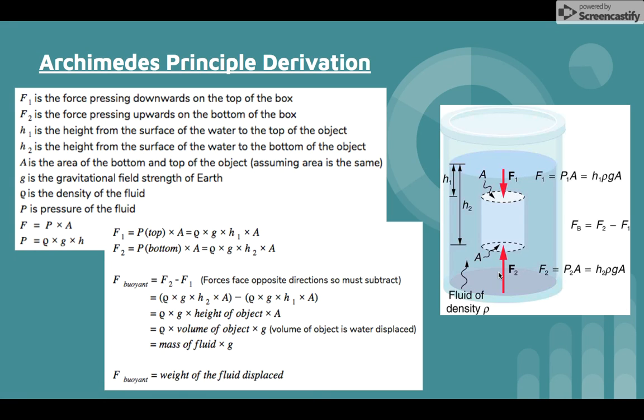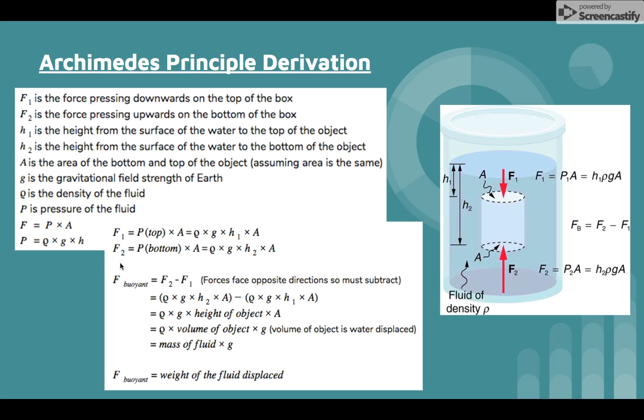Since both of these statements are true, we can say that F1 is equal to the density of the fluid the object is immersed in, multiplied by g, the gravitational constant, multiplied by h1, the distance from the surface of the water to the top of the object, multiplied by a, the area of the top of the object.